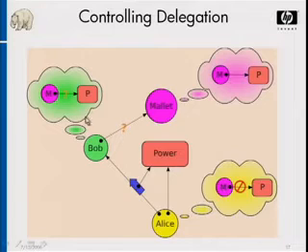The two question marks here are a way of developing a taxonomy of issues in controlling delegation. The two question marks represent the two questions. Does Bob want Mallet to have the power? In other words, is Bob coded with the intention of serving Mallet's interests, or is Bob coded with the intention of serving Alice's interests?